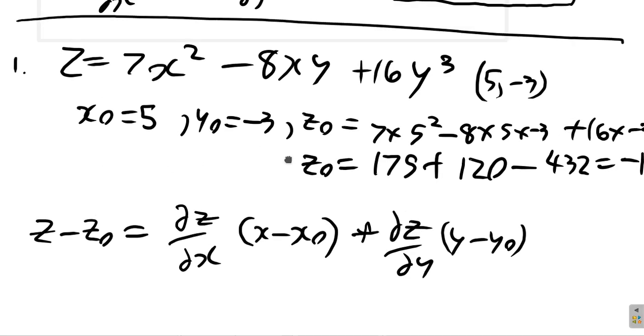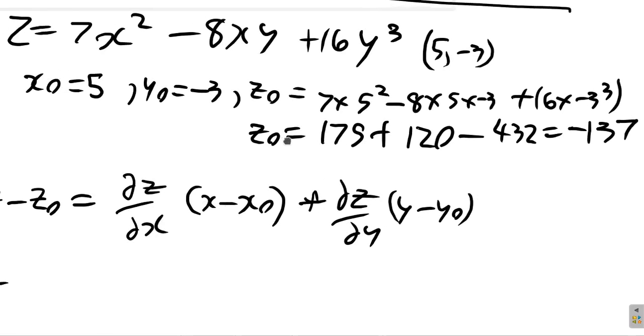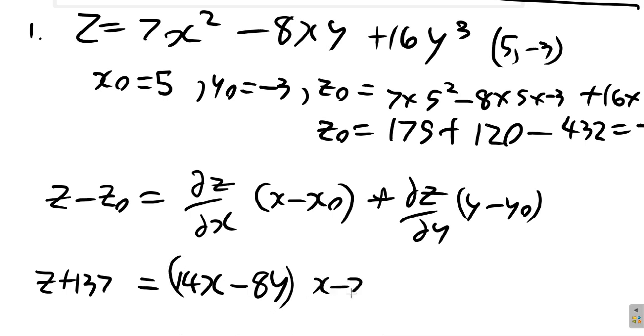Now delta z by delta x, in this case, z minus z naught, so z naught again, negative 137, so it's plus 137, equals delta z by delta x would be 14x minus 8y, x minus x naught.